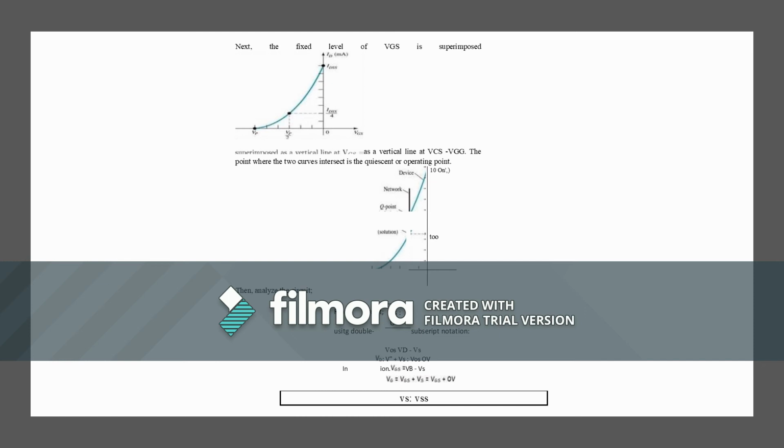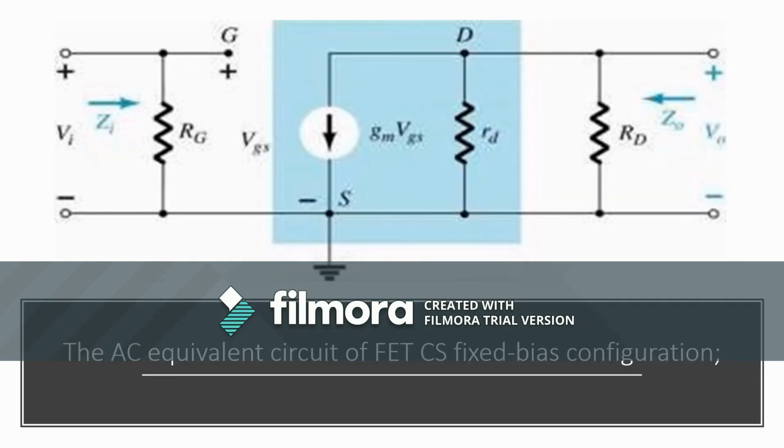Then we come to the simulation for DC biasing, using Multisim. Here we can see the DC analysis biasing in Multisim. Then we have the result for gm, which equals 2 IDSS over VP, as we know in our formula.